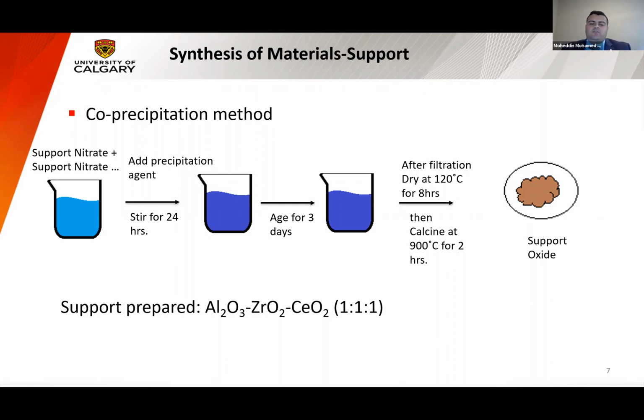The solution was stirred for 24 hours and left to age for 3 days. After which it was filtered, and the paste was dried at 120 degrees for 8 hours. And then the powder was calcined at 900 degrees for 2 hours, which resulted in the metal oxide.